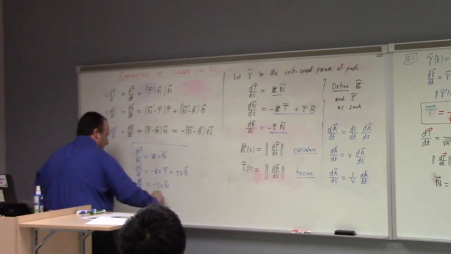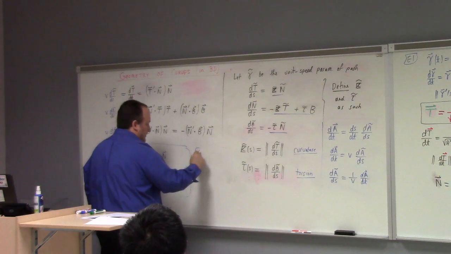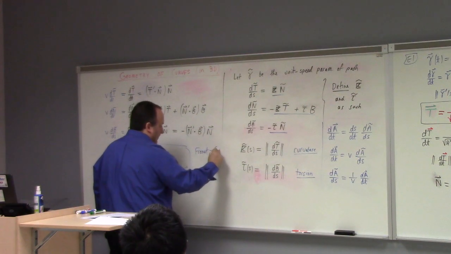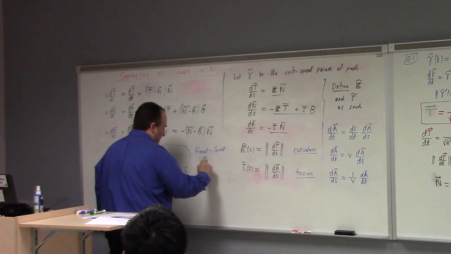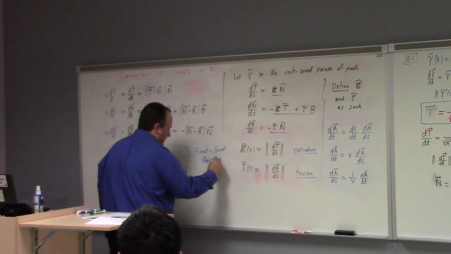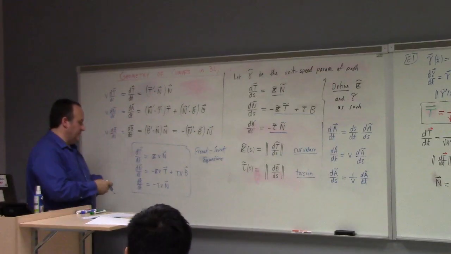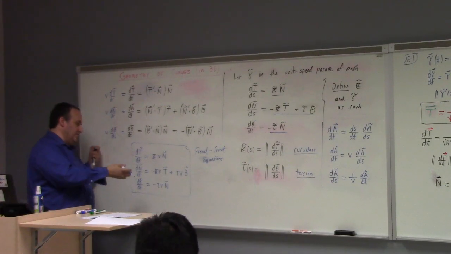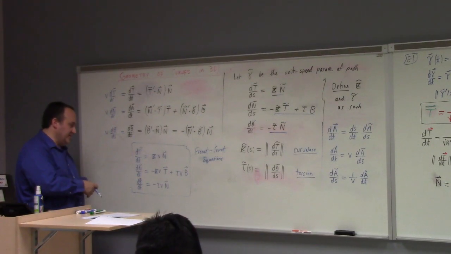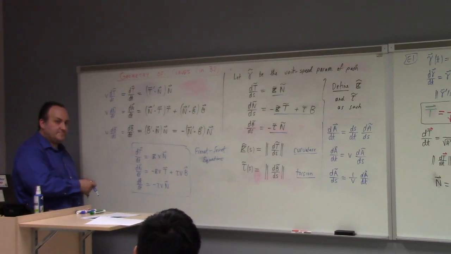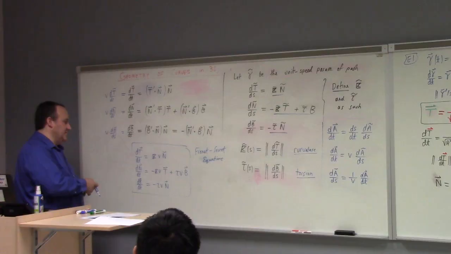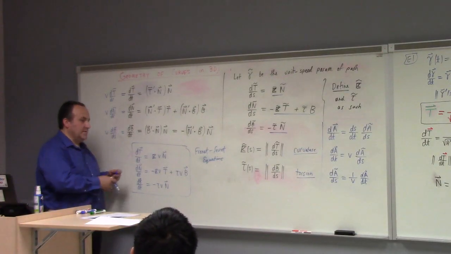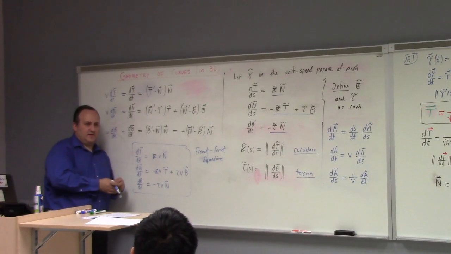And these are what I would call the Frenet-Serret equations. They define how the curve evolves in terms of its given curvature and torsion. In other words, I can say the DNA of a curve is given by the curvature and the torsion.